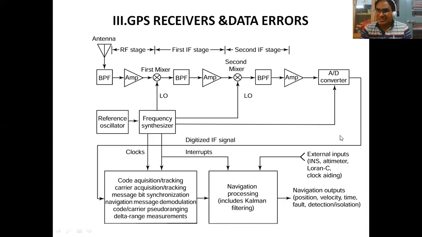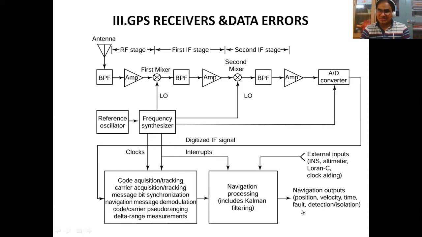So here the external inputs are given, like INS input, altimeter input, or Loran input, and some other clock aiding techniques. And after Kalman filtering, the final output is the navigation output, which clearly gives you the position, velocity, and time, or any fault detection and isolation.